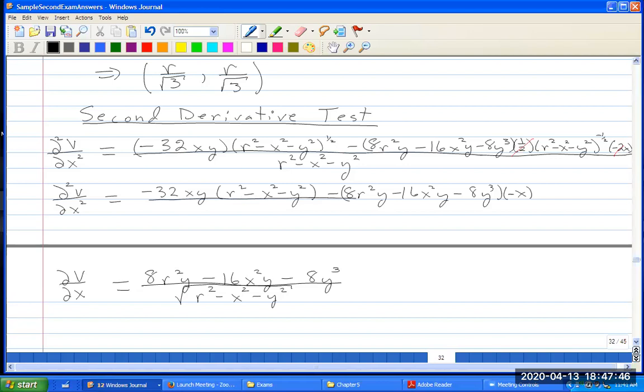All divided by this r squared minus x squared minus y squared to the 3/2.